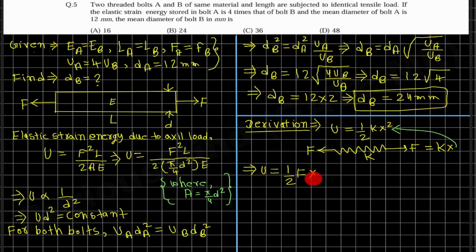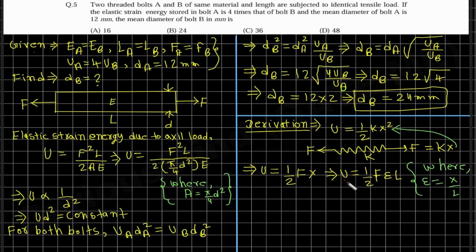Now we need to eliminate x, because we need this elastic strain energy formula in terms of force, length, cross-sectional area, and elastic modulus. To eliminate x, we look at the bar, and we can find its extension x using the formula of the linear strain.